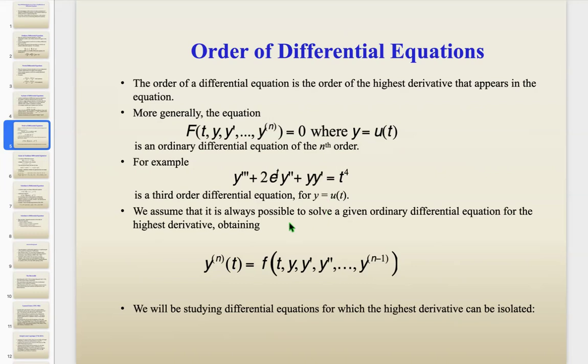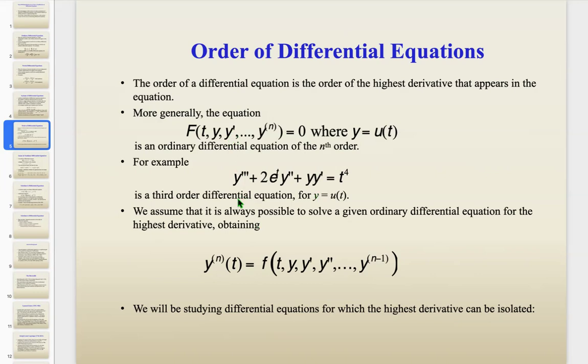We would like to say it's always possible; this is not always true, but we won't deal with ones that aren't of this form. You can solve for the highest derivative that appears in the equation.